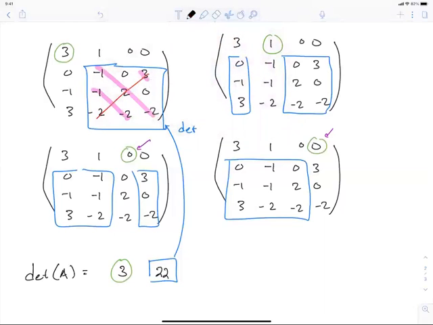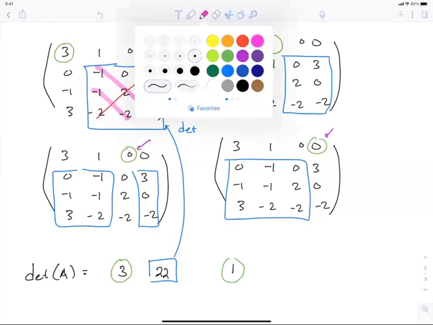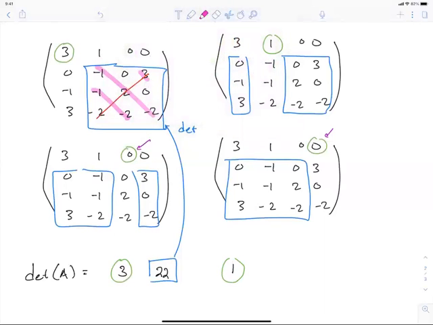All right, and then we're going to do it over here too. We're going to take this 1. Now we're going to calculate the determinant over here. So here we have, that's a minus 4 right there.